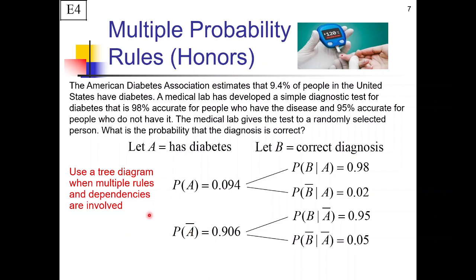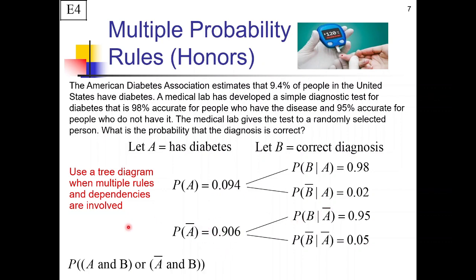All right, so what we're really aiming at here is we're trying to find a combined probability. This is actually going to be a big OR statement. We want the probability of A and B, so has the disease and gets the correct diagnosis, or we also want the probability of not A and B, doesn't have the disease and gets the correct diagnosis.